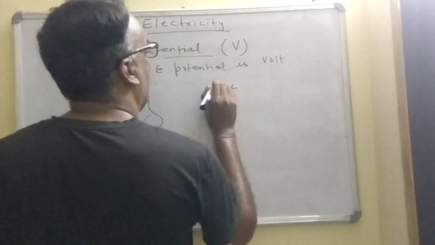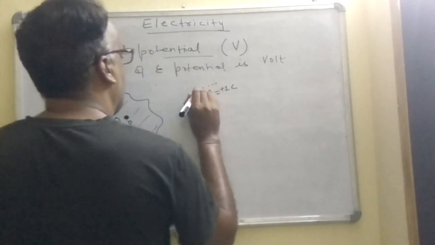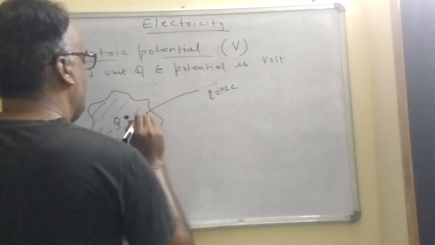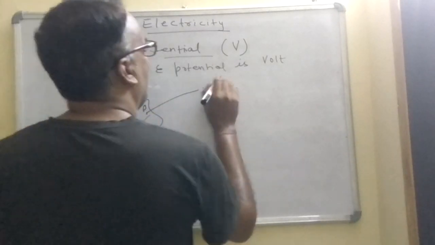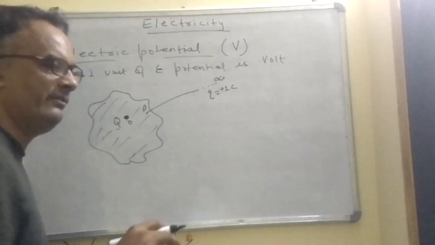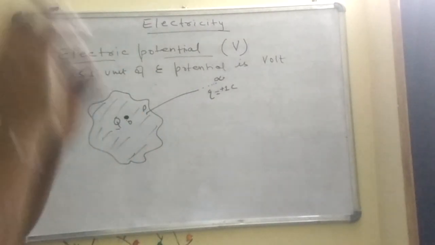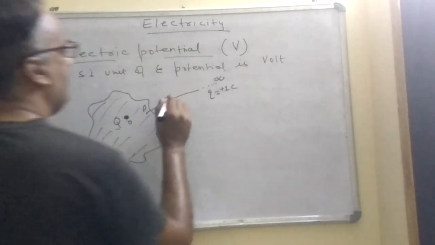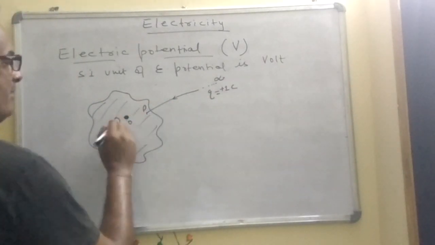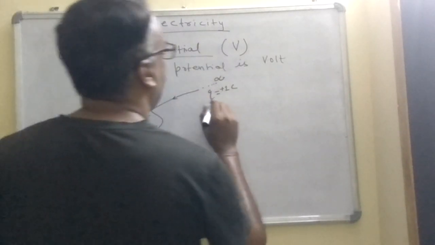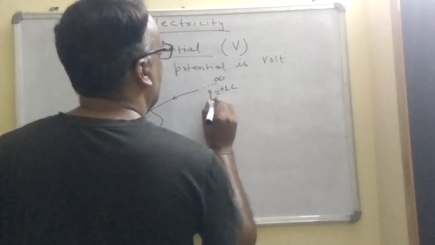If I bring this plus one coulomb from infinity to this point, let me take this point as P. Infinity is very far away, we don't know from where. When you bring this charge Q near to the source charge, this Q is called the test charge.